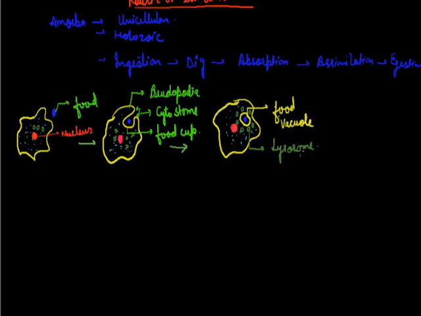These are digestive bags which contain the digestive or hydrolytic enzymes. So as soon as the food vacuole is formed, lysosomes surround the food vacuole, and in the next step they will get fused with the food vacuole and form the phagosomes.